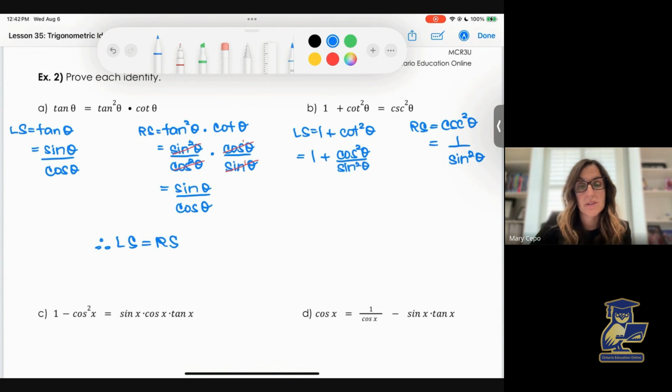Now we see that we have to take 1 plus. So it doesn't quite look like the right side, but we have to work towards making it look like the right side. So this is where we're going to look at adding fractions. So the common denominator here is sine squared theta.